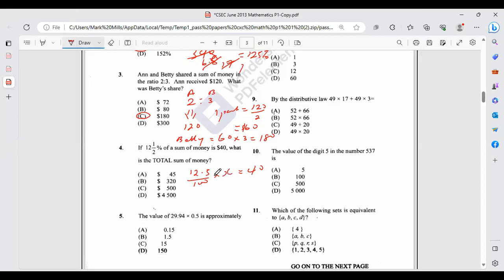And I want to find the value of X. How will I work out this? What will I do? Anybody want to help? How will I work out this to get the answer?